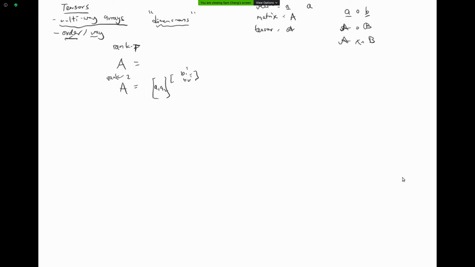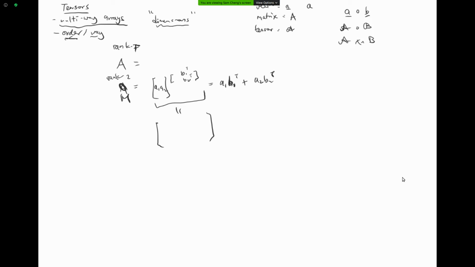I can also write this as A1 B1 transpose plus A2 B2 transpose. Whenever I can write something like that, I know the rank is not more than 2, because if you think of each of the columns and expand this, actually I shouldn't call this A, I call it M here.